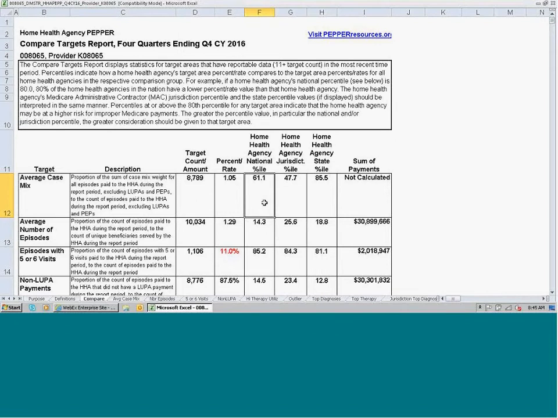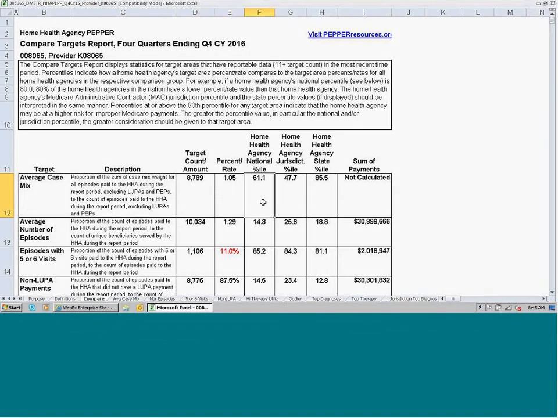So if we're calculating the national percentile, we take all of the rates for the home health agencies in the nation, we sort them from highest to lowest, and then we identify where your target area rate falls. This percentile of 61.1 tells us that 61.1% of all of the home health agencies in the nation have a lower rate than our agency does.